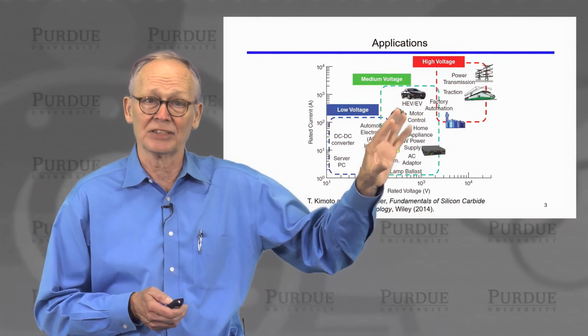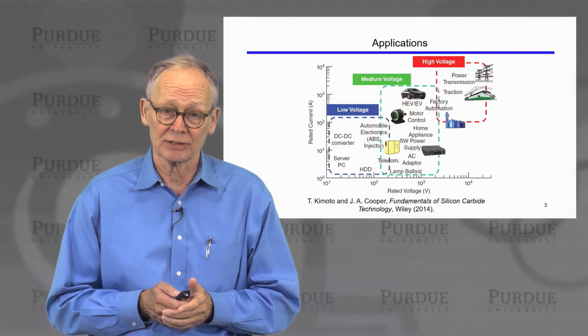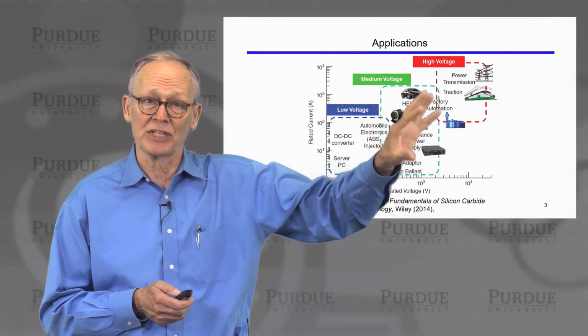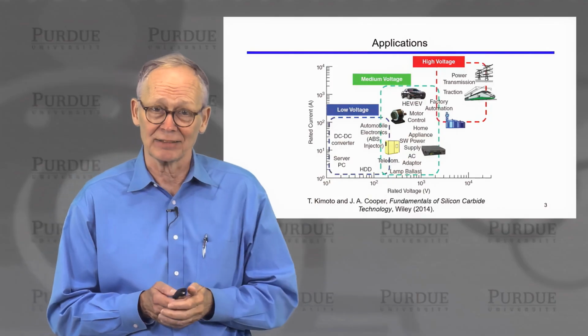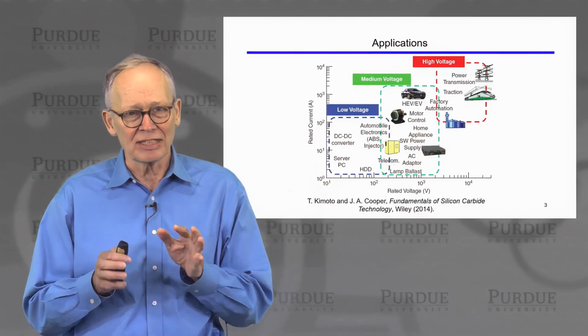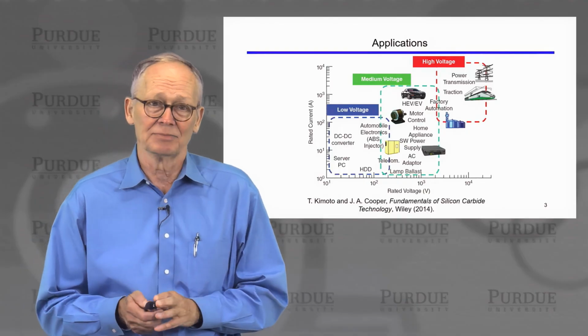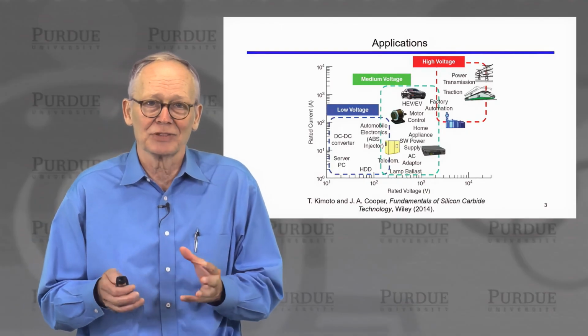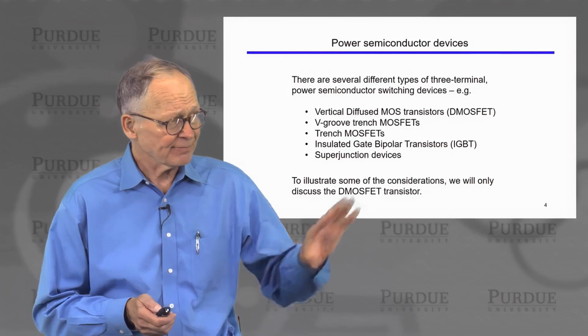There are applications in motor controls and more applications in electric vehicles. And then there are high voltage applications where we really need very high voltage semiconductor devices. So this is a much different application space than we have been discussing, and we'd like to just get a first acquaintance or a brief look at this application space.